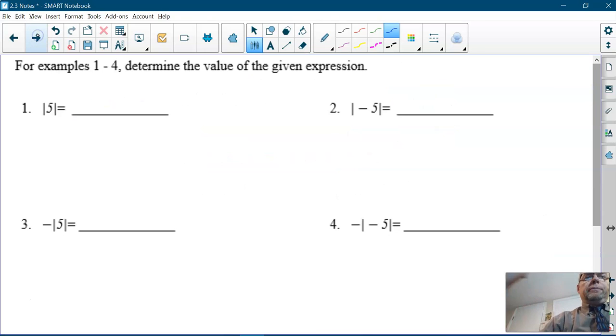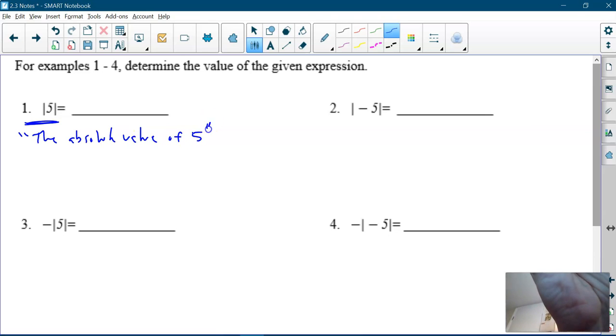All right, moving forward. So how do we evaluate absolute value expressions? Well, here in problem number 1, can we evaluate the absolute value of 5? This is written as the absolute value of 5, if you're thinking about how you read that math, because reading mathematical notation and language is important. Now the absolute value of 5, really what that question is asking is how far away from 0 is the number 5.